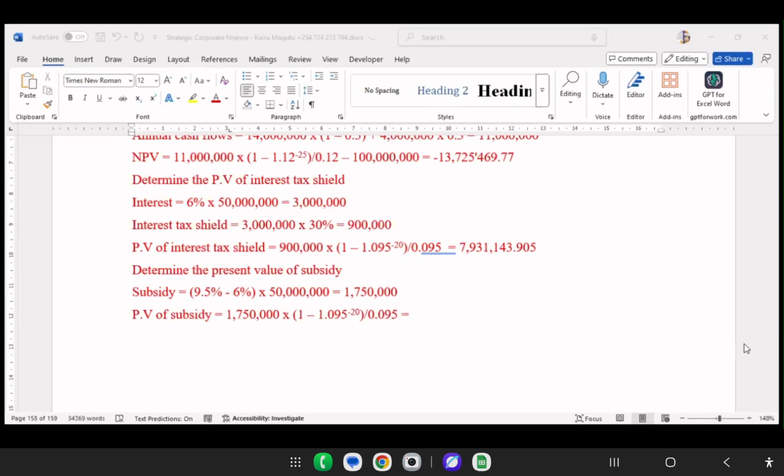Present value of the subsidy. Someone is giving $15,421.